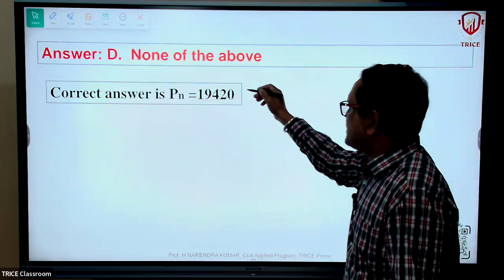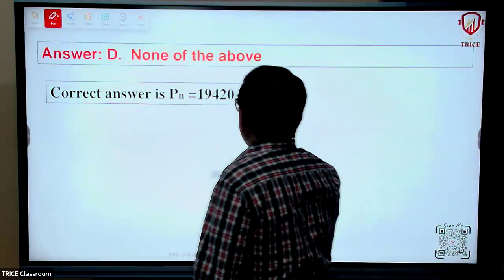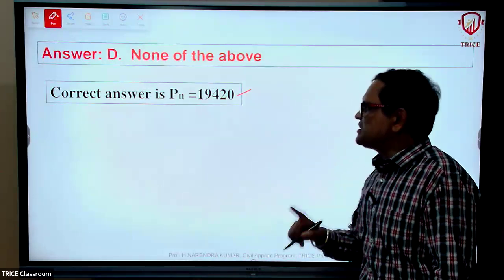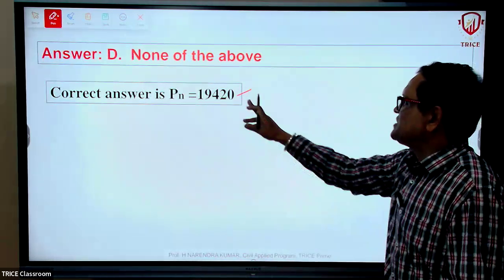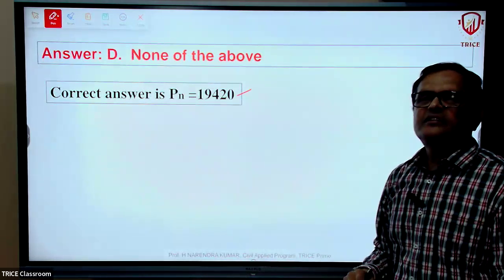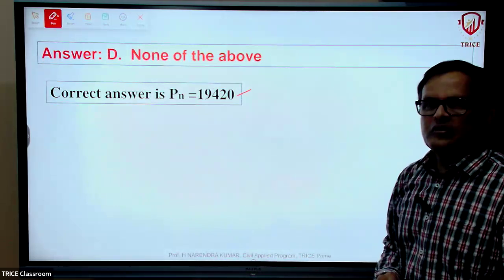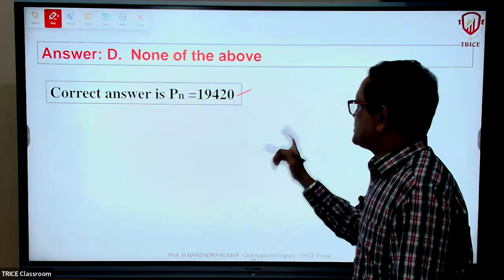I calculated the correct answer, that is 19,420. Deliberately, I am not giving you the complete solution, but I am giving the correct answer. But this answer is not there in the choices. So that is none of the above. But you need to solve this problem on your own using the tabular column.